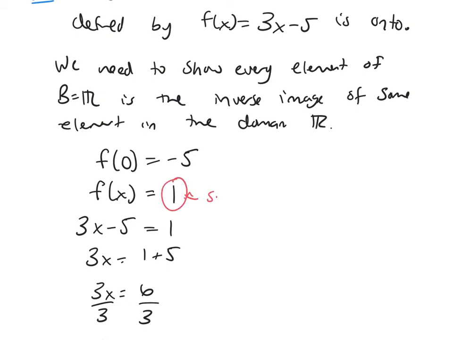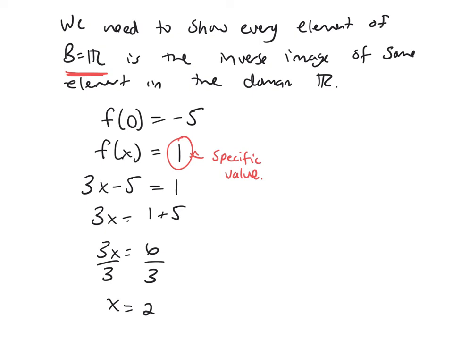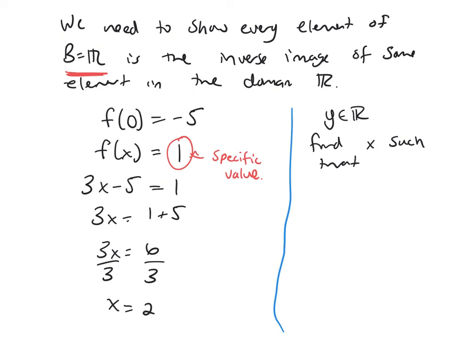So I just did this with the element 1. This was a specific value, but here I need to do it for every real number, not just one. But what's great is instead of putting in 1 there, I could just replace it with y. So let's mirror what we just did. If I take an arbitrary value y in R, we need to find an x such that f of x equals y.